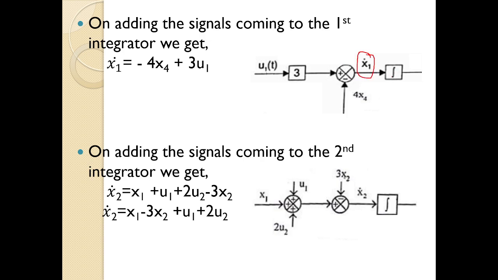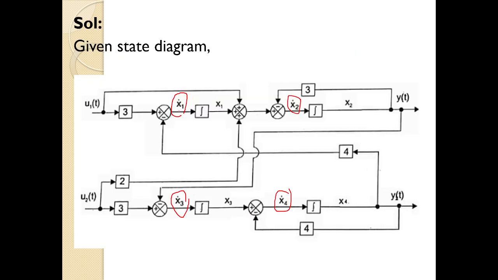So I want to determine x1 dot, that's derivative of x1, therefore that is my output. So what are the input signals to that x1 dot? Input signals are 3 u1 of t and 4 x4 from this diagram. Okay, 3 u1 of t, and this signal is coming from here, 4.